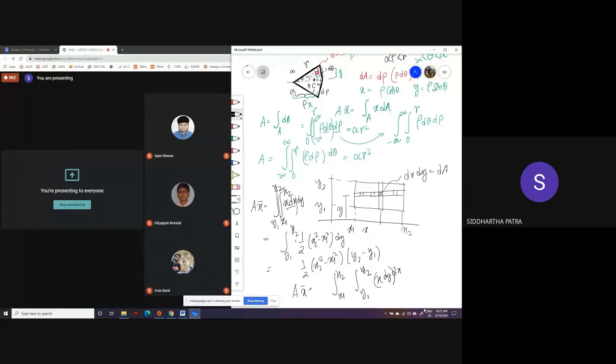This is simply like the integration over rho first and then with respect to theta. So I'm trying to do this integration first.